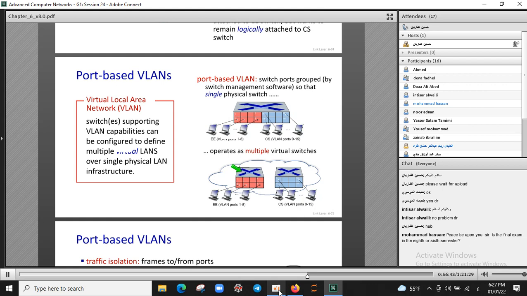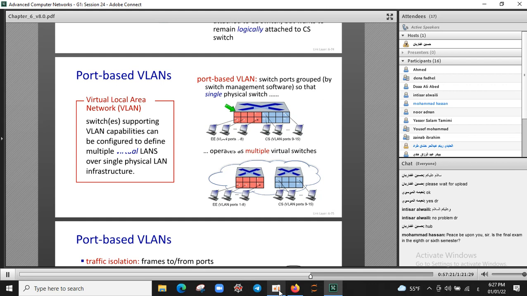But instead of using two separated physical switches, I can use one bigger switch whose ports are separated logically. How? I'm enabling different VLANs over this switch based on the port numbers.